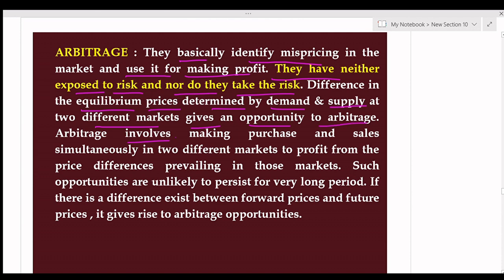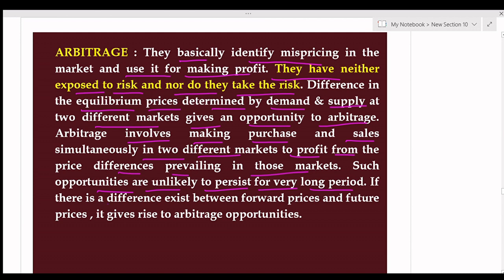Arbitrage involves making purchases and sales simultaneously in two different markets to profit from the price differences prevailing in those markets. Such opportunities are unlikely to persist for a very long period.